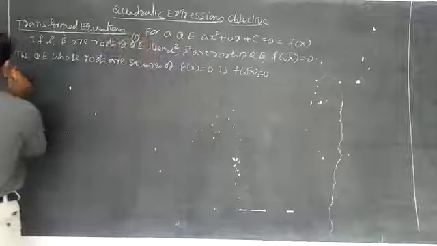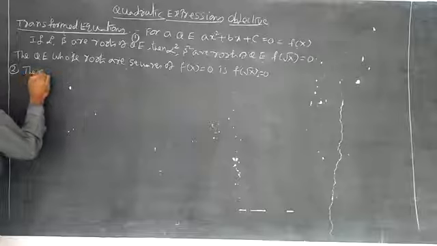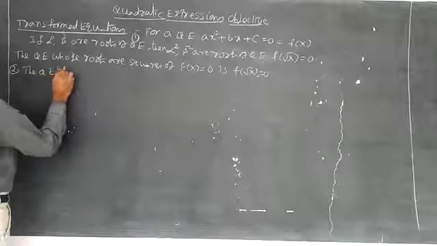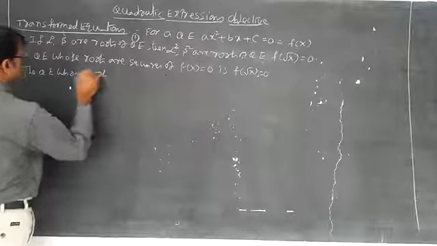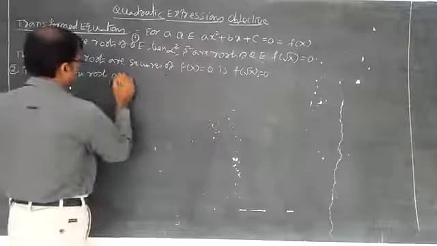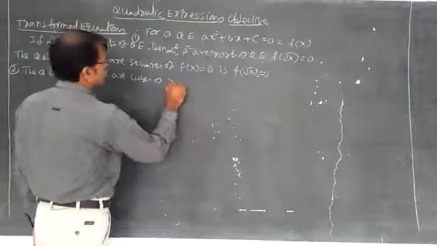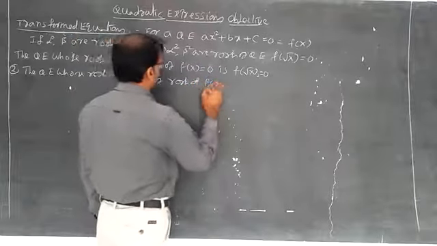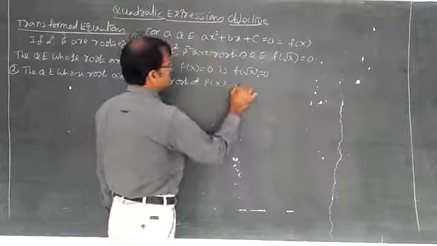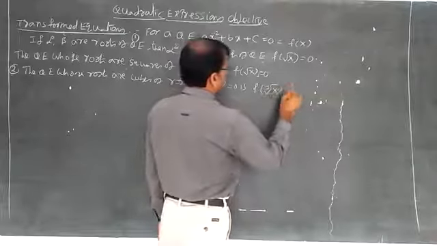Next, let us write the second one. The QE whose roots are cubes of roots of f of x equal to 0 is f of cube root x equal to 0.